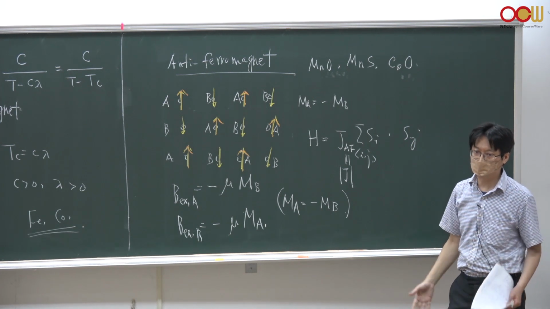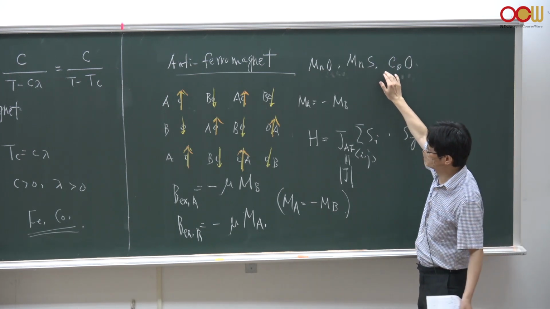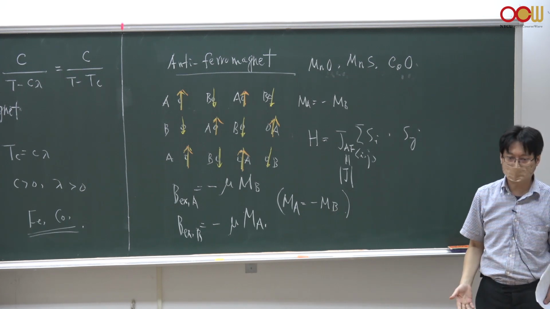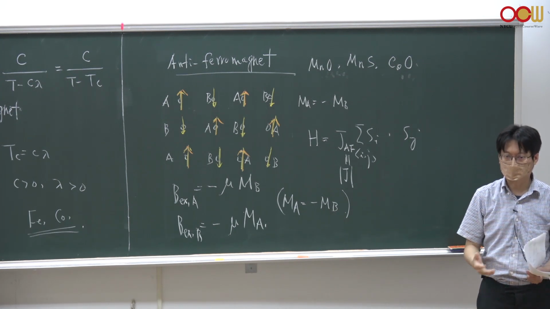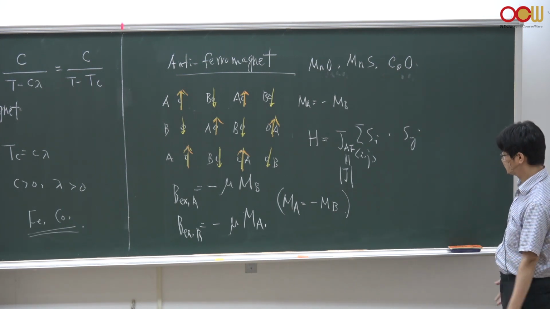And there are many examples of antiferromagnets in solid states, and this is just some of them. Many interesting examples of antiferromagnets are from the strongly correlated electron systems, for example, the cuprates, high Tc superconductors, and so on.